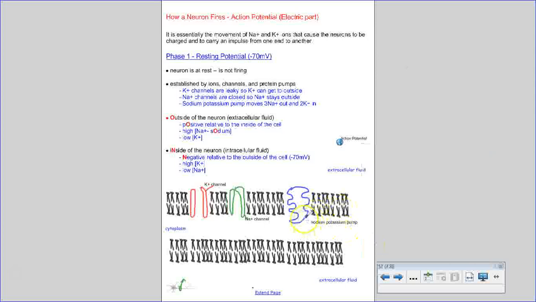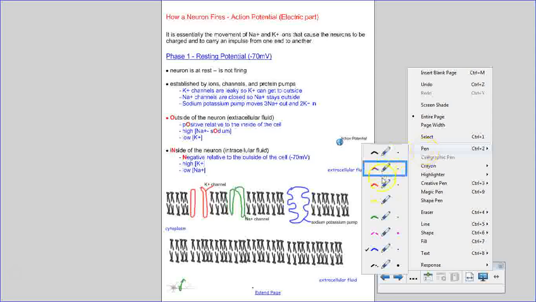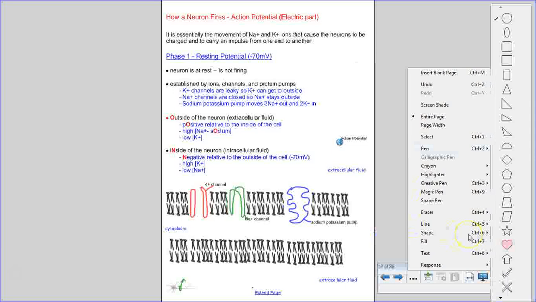And this one is the sodium potassium pump. But I'm doing a video lesson. Okay, sorry.